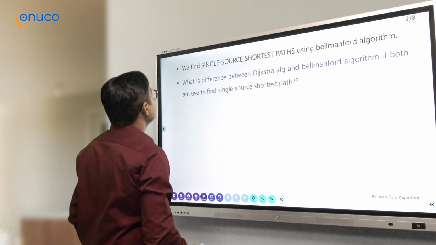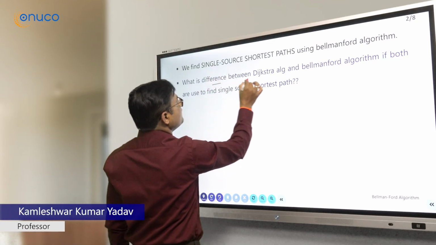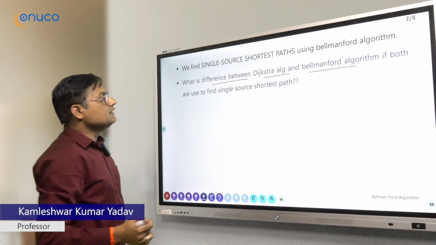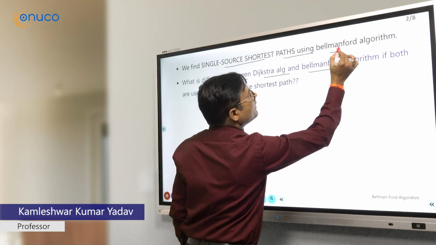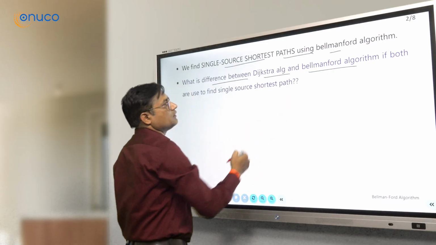So what is the difference between Dijkstra algorithm and Bellman-Ford algorithm? If you are saying that both are computing single source shortest path, then there must be a difference between Dijkstra algorithm and Bellman-Ford algorithm.